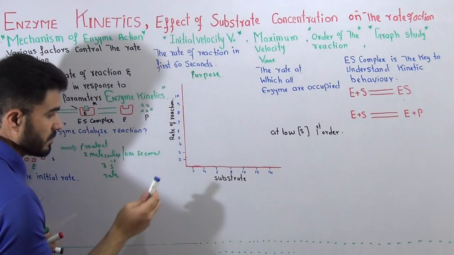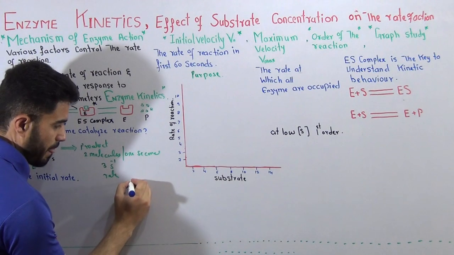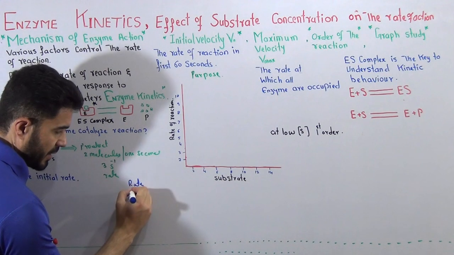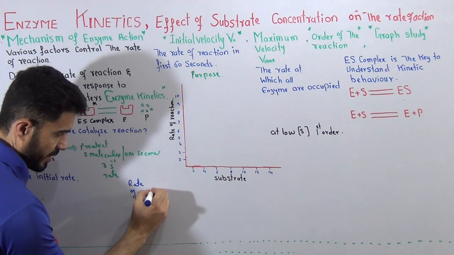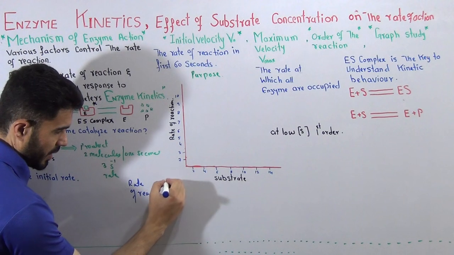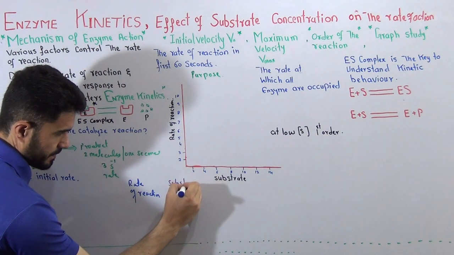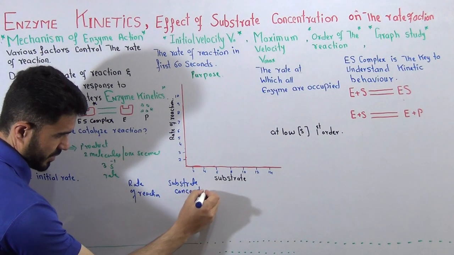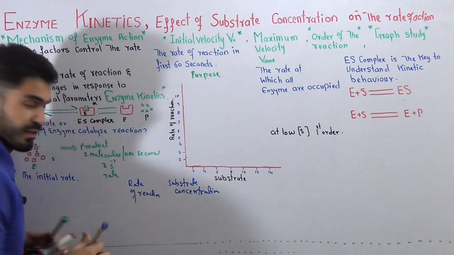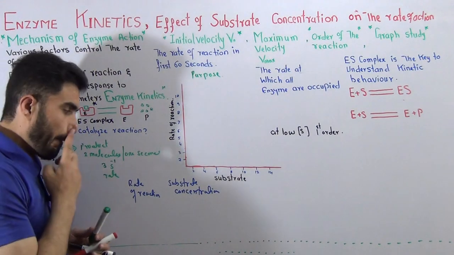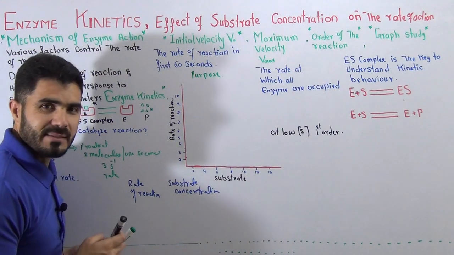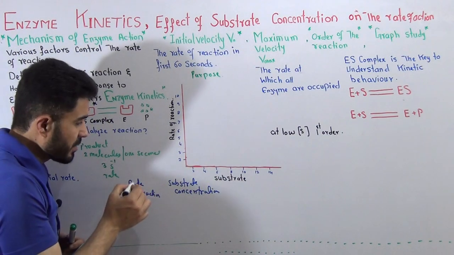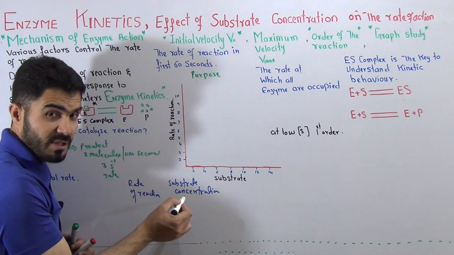Actually, if we link the rate of reaction and the substrate concentration, these two things, there is some complexity. Complexity means you cannot study the rate of reaction properly in relation to the substrate.